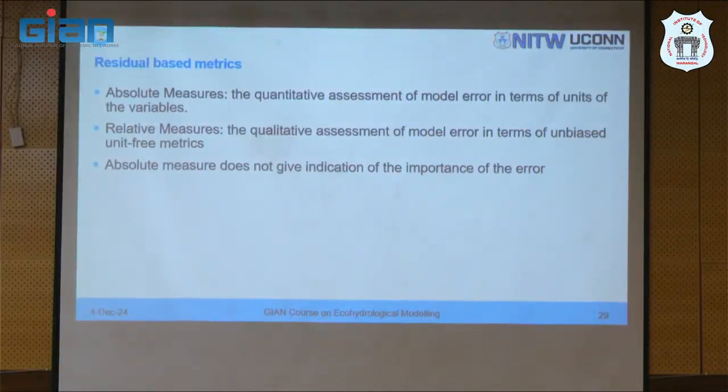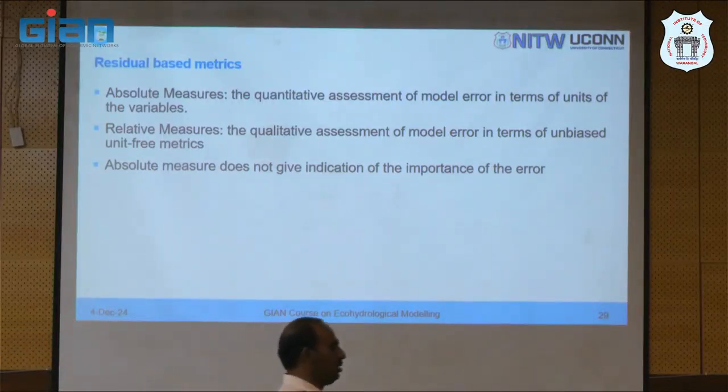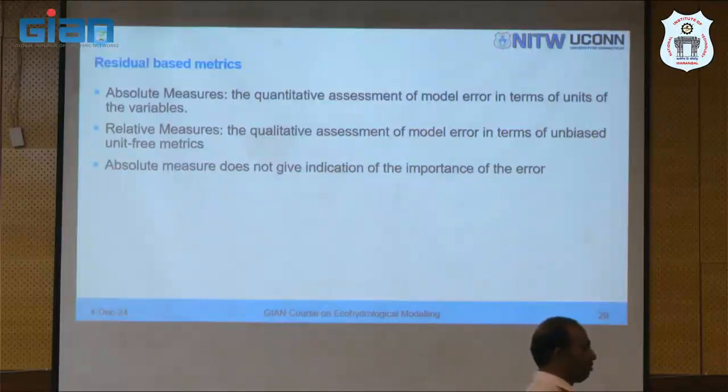Absolute measures you use when you are interested in finding the total error. Let's say I am estimating my evaporation to be 6 mm and my absolute measure says that the error is 0.5 millimeters. A relative measure is more of a metric which can be used to compare across different watersheds, or different processes, different ways of representing things.